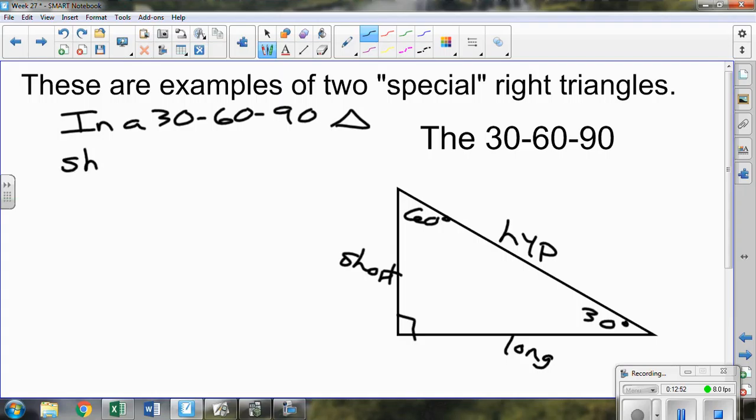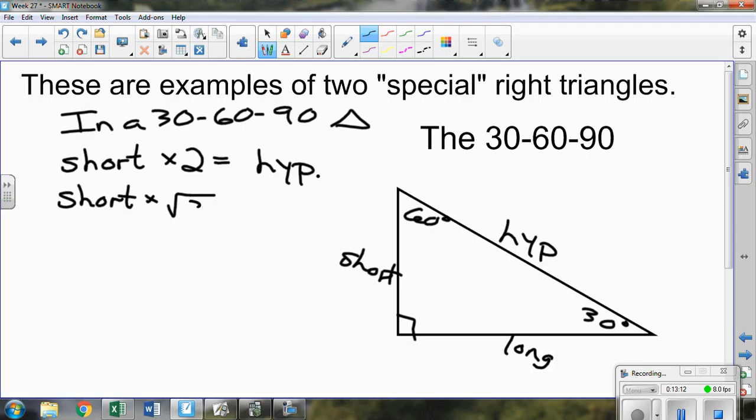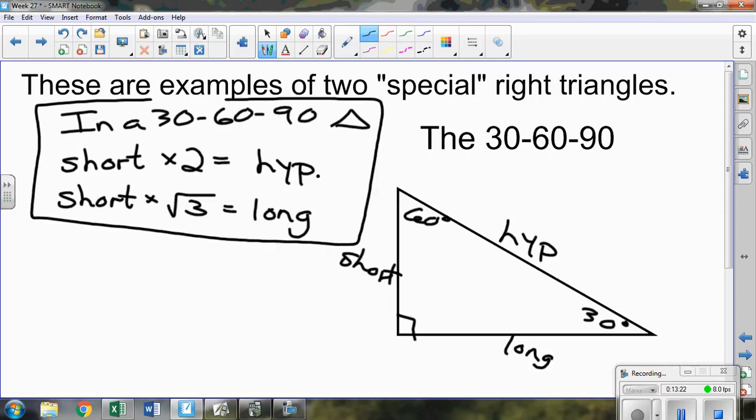This one gives us the short leg doubled will equal the hypotenuse. The other relationship, if you take the short leg and multiply by the square root of 3, it will give you the long leg. This stuff in the black is what we need.